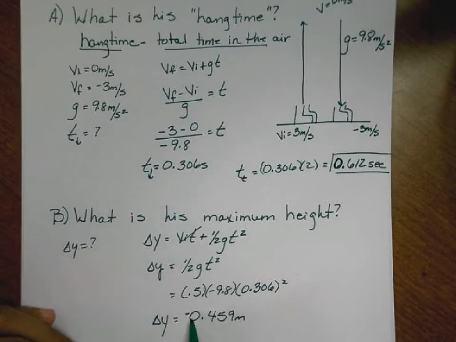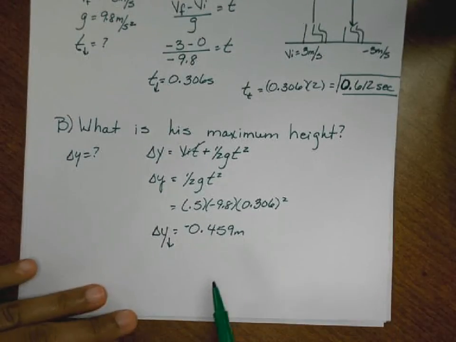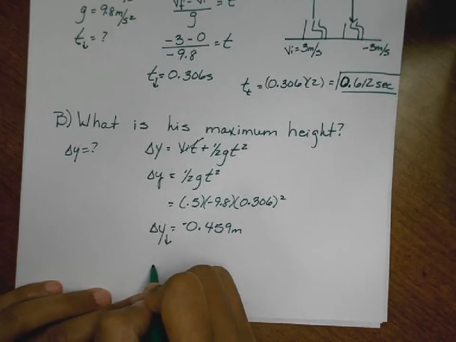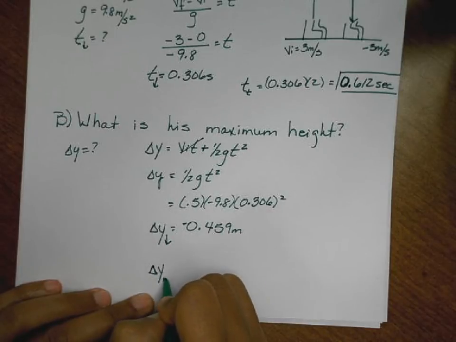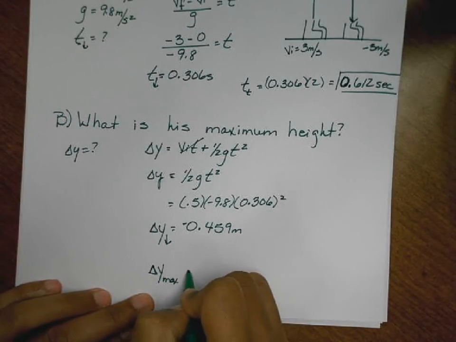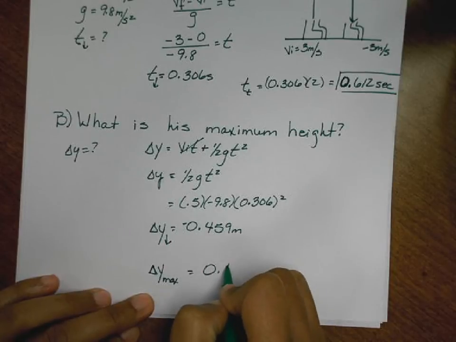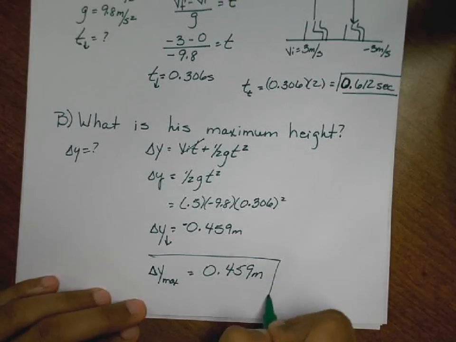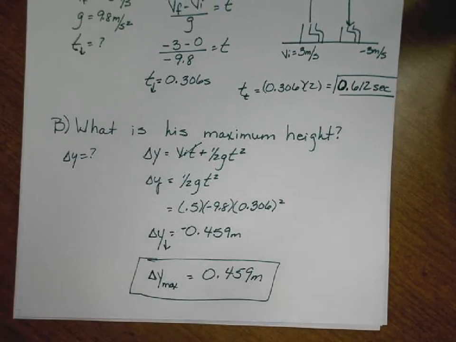The negative is there because it indicates he fell down. The question is, what is maximum height? Maximum height is this number, but positive. So the change in displacement at maximum height is positive 0.459 meters. That is the answer to the question.